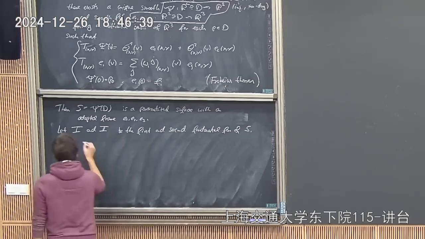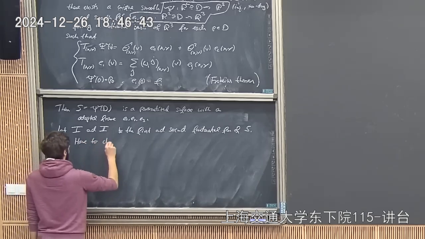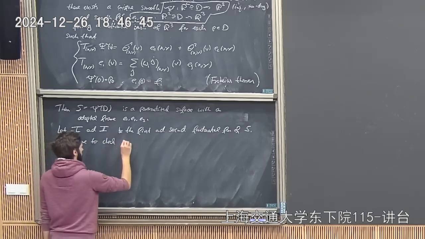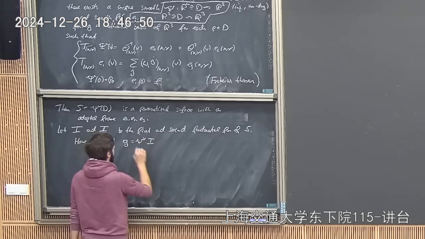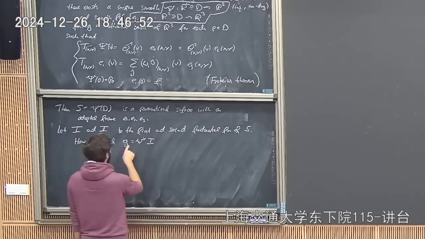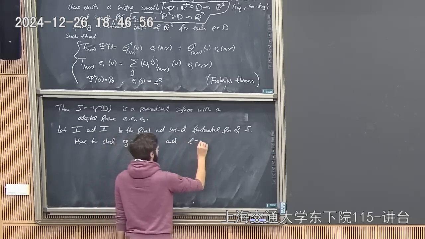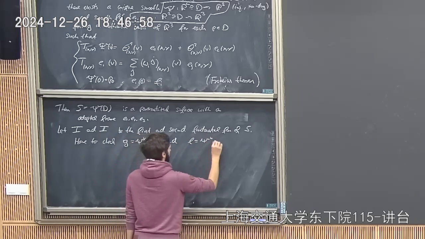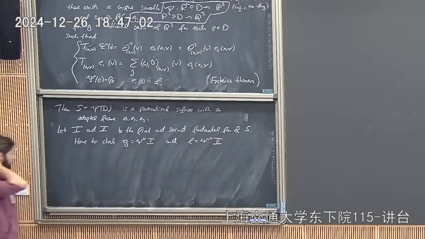What we still have to do is check that if you pull back the first fundamental form of that surface, you get G, and if you take the pullback of the second fundamental form, you get the matrix L back.